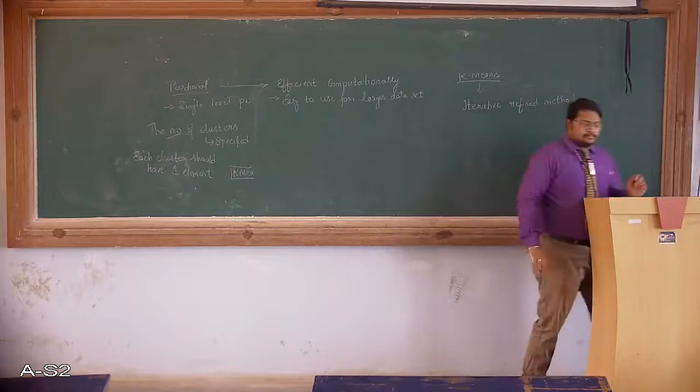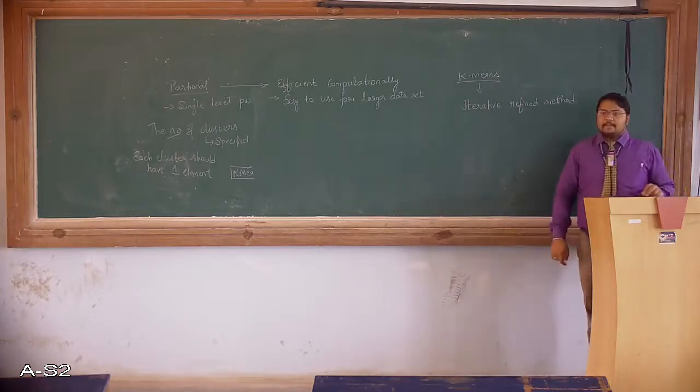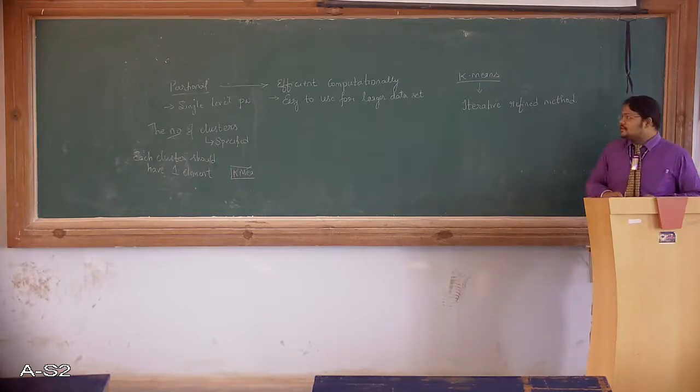The algorithm is iterative in nature. It goes on refining the values until we do not get any change. Until there is no change in the values which we get, we are going to continue this algorithm. So this algorithm we call it as k-means algorithm.